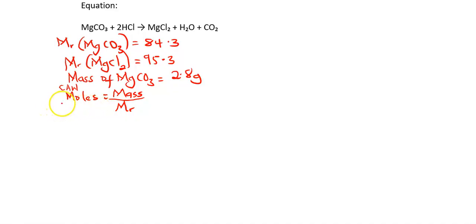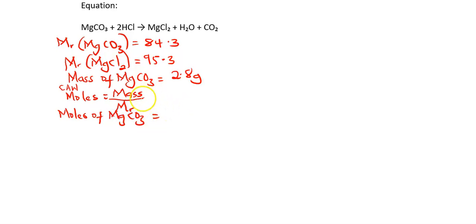From what we have here, we have the mass of magnesium carbonate and the relative formula mass of magnesium carbonate. These are our knowns, so it is possible and easy for us to calculate the moles of magnesium carbonate.